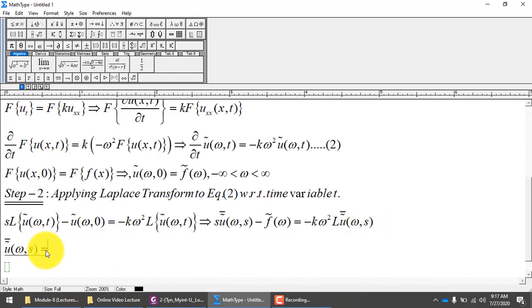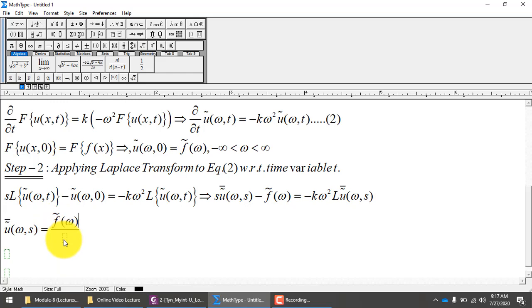So this will become what? If you write directly, that will become f tilde divided by s plus k omega square.